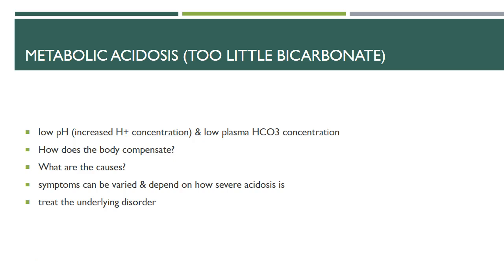You have an increase of acid, like diabetic ketoacidosis, starvation, lactic acid buildup, and then you have a loss of bicarb, so severe diarrhea. Again, your symptoms are varied, and they're going to depend on how severe your acidotic state is, and you're going to treat the underlying disorder.